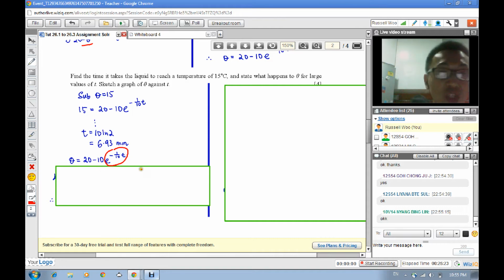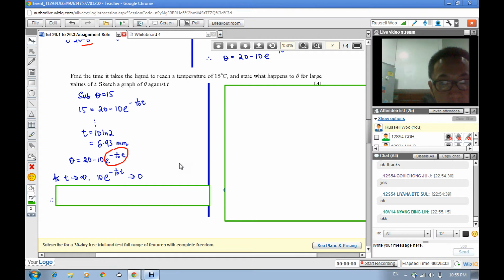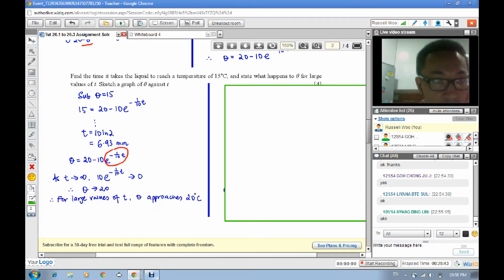Imagine you substitute t equals 10,000 or 100,000, that term becomes close to 0. Just for presentation, we make it very clear that the second term tends to 0. Therefore, for large values of t, theta approaches 20 degrees.